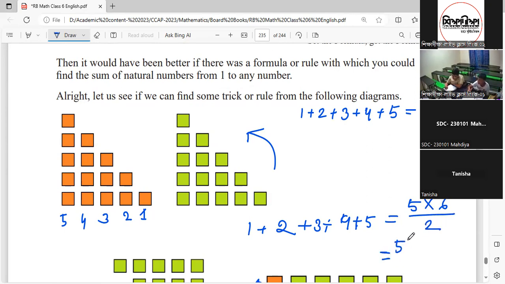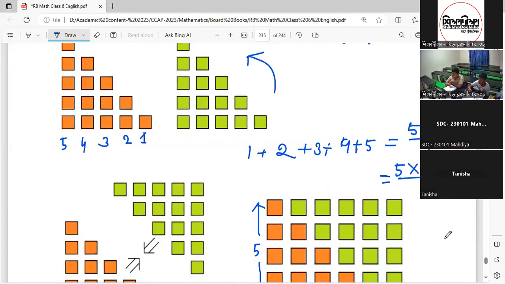Now we can say 5 multiplied by 5 plus 1 divided by 2. Now, if we replace this 5 by n, because as we had 5 numbers, we have 5 here, this structure gives us the formula like that.